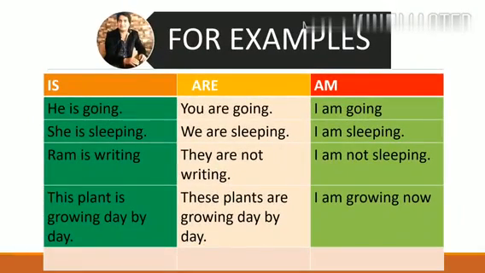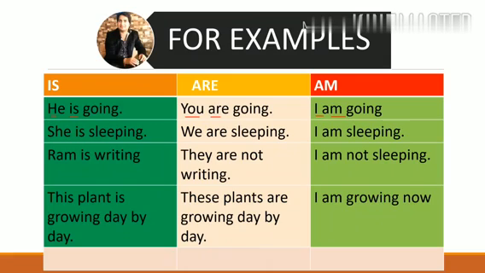Now students, come to this here. We have some examples based on is, are, and am. You can see here the use of he, where we make use of is. When we talk about you, we have made use of are. When we talk about I, we have made use of am.